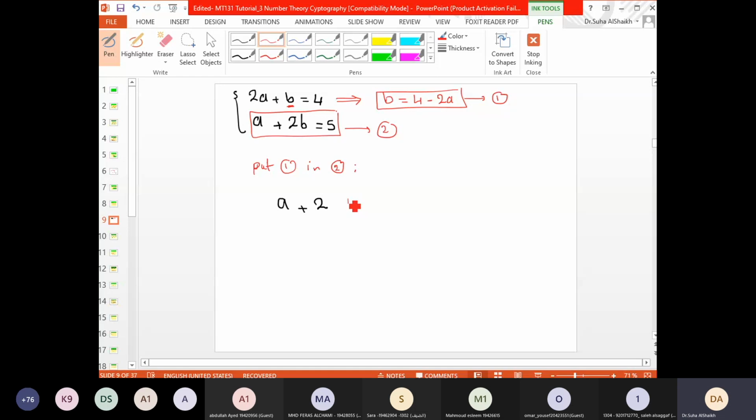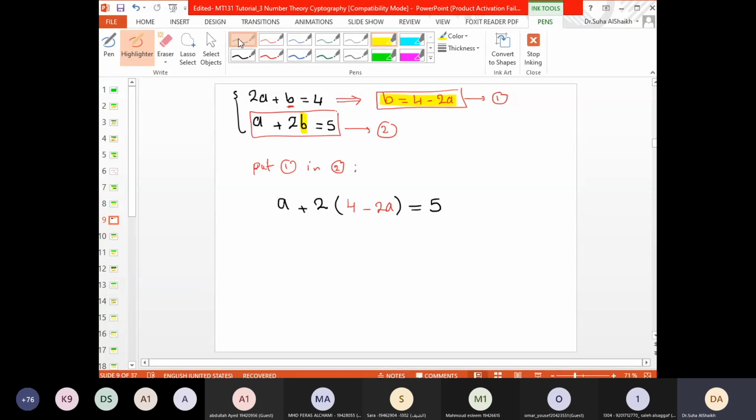The B in this case is 4 minus 2A. I removed the B and put 4 minus 2A in its place, and this equals 5. I put it here in place of the B that was here.